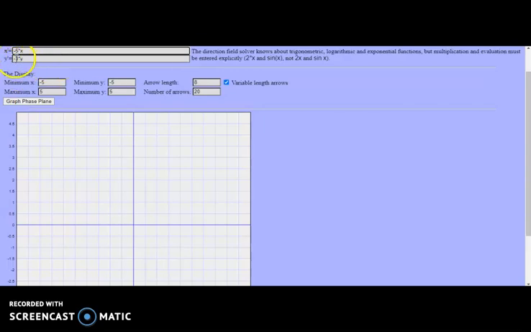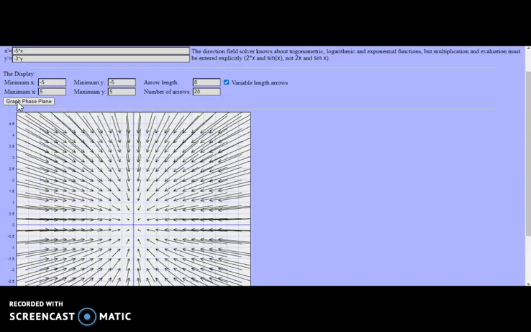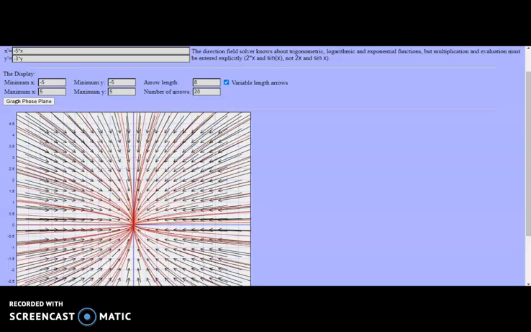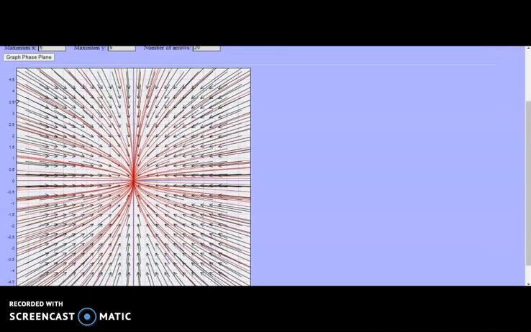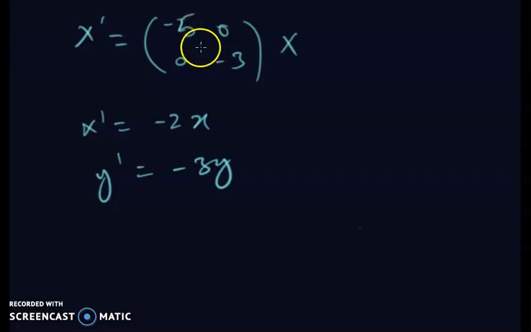Now the eigenvalue for the y-axis is greater than that of the x-axis. Now let's plot this. You can realize that these trajectories approach 0 0 along the y-axis, tangentially along the y-axis. So this is the behavior.